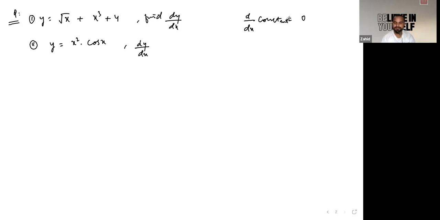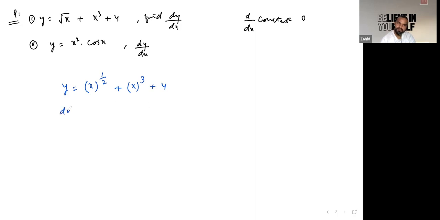Try to simplify it. In the first part, try to write each term in exponential form. First is root of x, which can be written in exponential form as power half. Next is x raised to 3, and next is just 4.